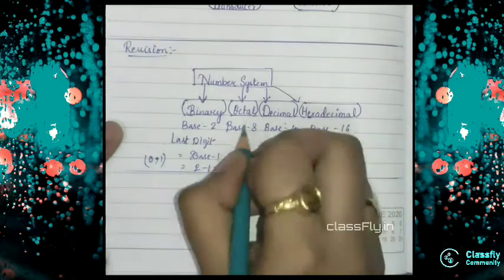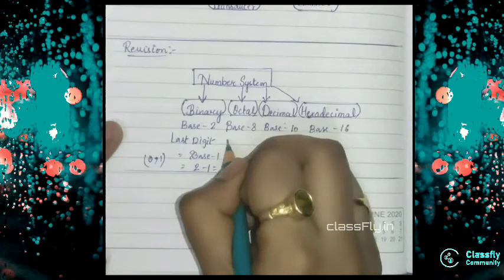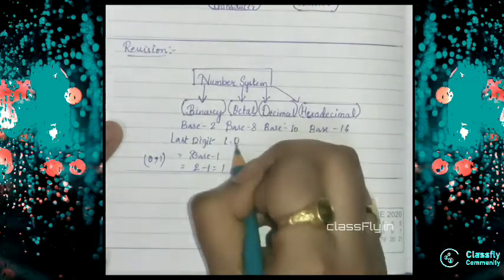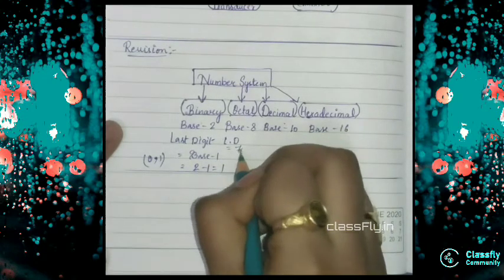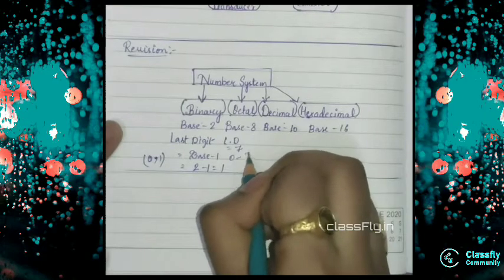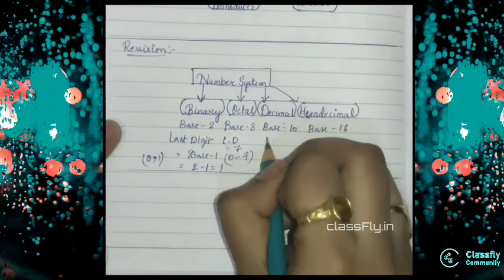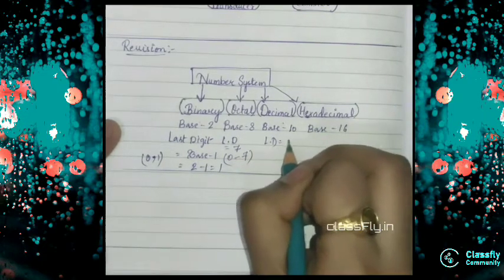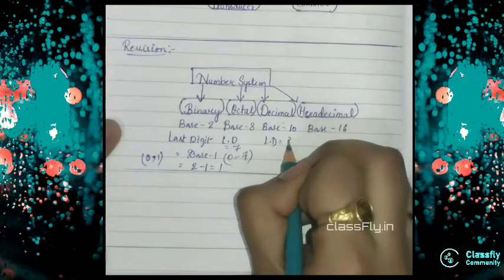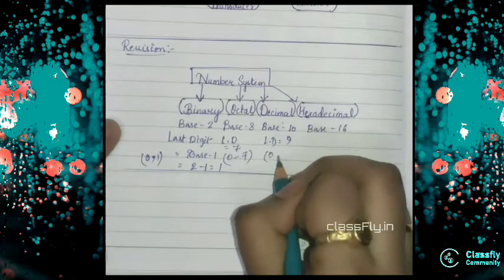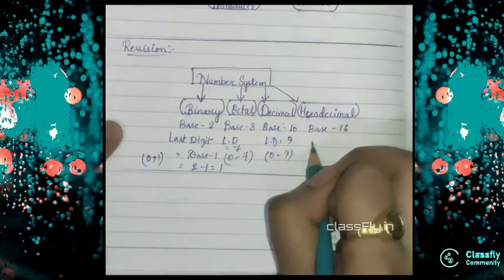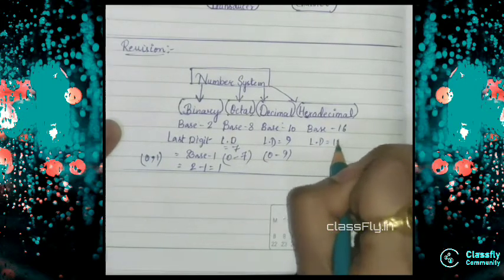Similarly for octal, I am writing LD, which is the last digit, it will be 7, that is from 0 to 7. The last digit for decimal will be 9, since 10 minus 1 is 9, so it goes from 0 to 9. And for hexadecimal, yes, it's 15.